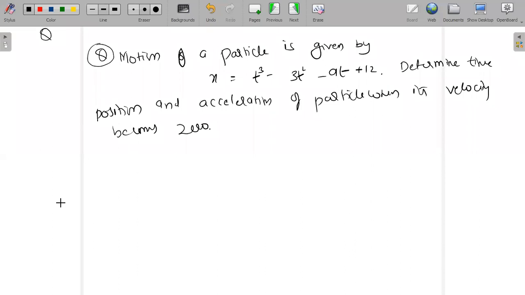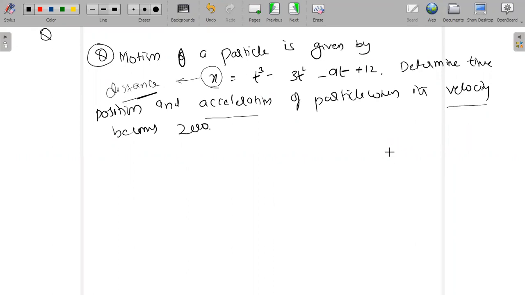One you can see is acceleration, another is velocity. So what is this x? We already know that it is nothing but distance.